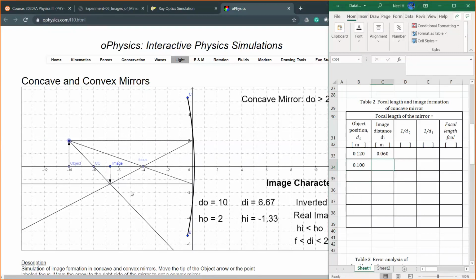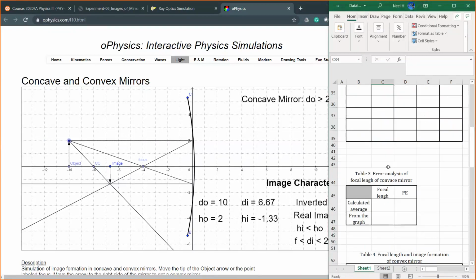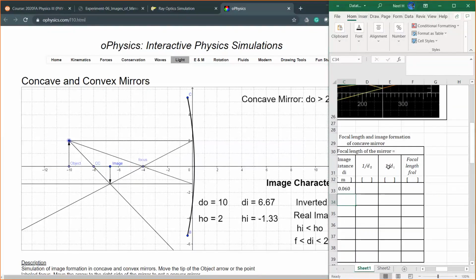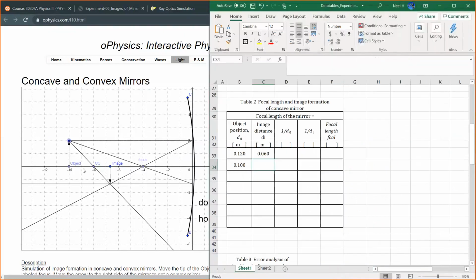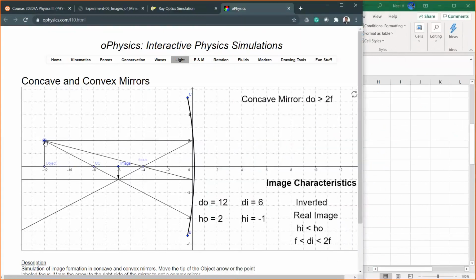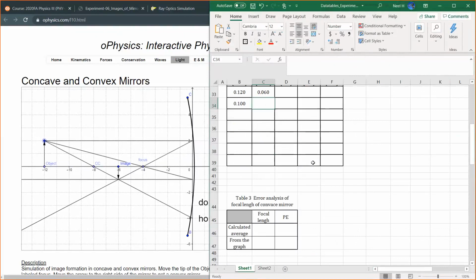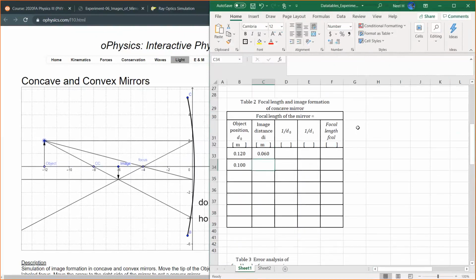Now we should write down the image size too, because you can see the image size is actually changing. So let's write down both: object size, image size, and then object length, image length. That's going to be better. Let's add at least one more column here.